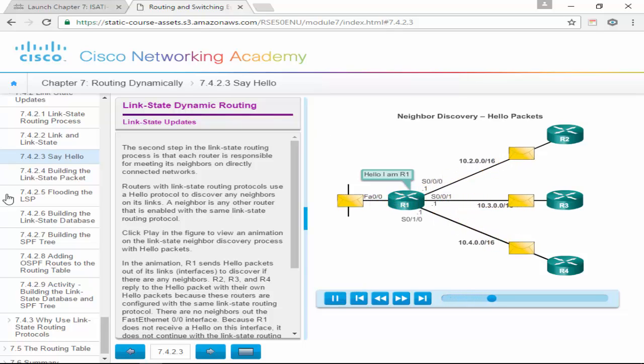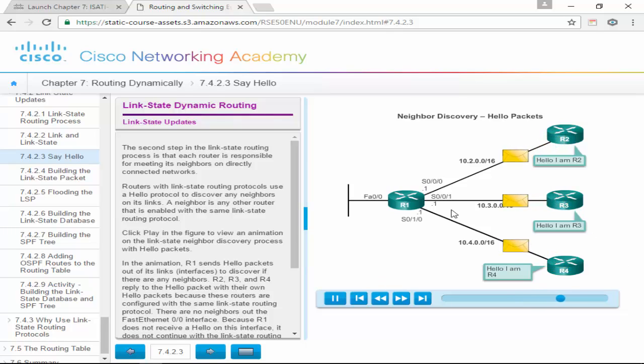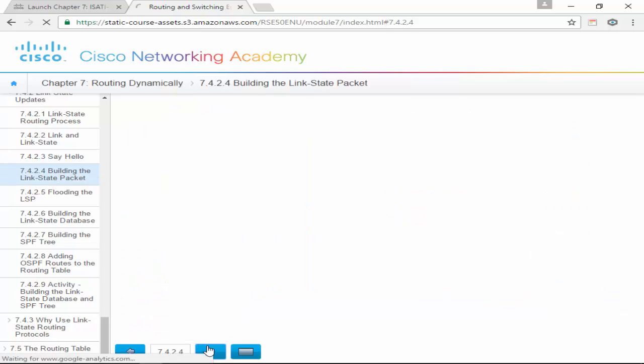So the first part, I guess they're just saying the router learns all the links it's connected to, then it says hello. If they're in the same area of a link state routing protocol and they say hello, then they form what's called an adjacency. So that's what we just saw there.